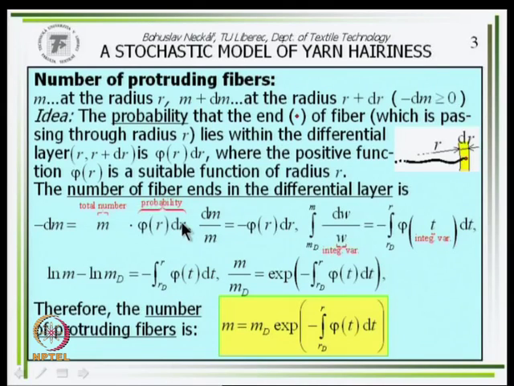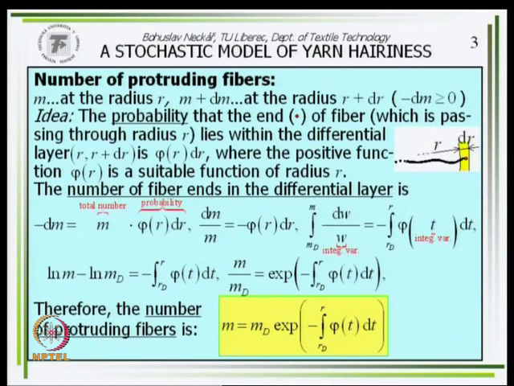The number of fiber ends in such a differential layer is minus dm, to have a positive quantity. And what is it? The whole total number of protruding fibers on radius r we called m.